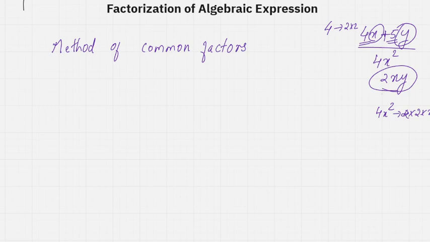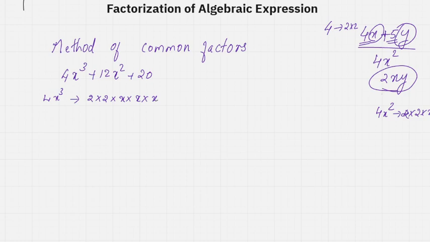For example, we have the algebraic expression 4x cube plus 12x square plus 20x. The first term 4x cube can be factorized as 2 into 2 into x into x into x, right?